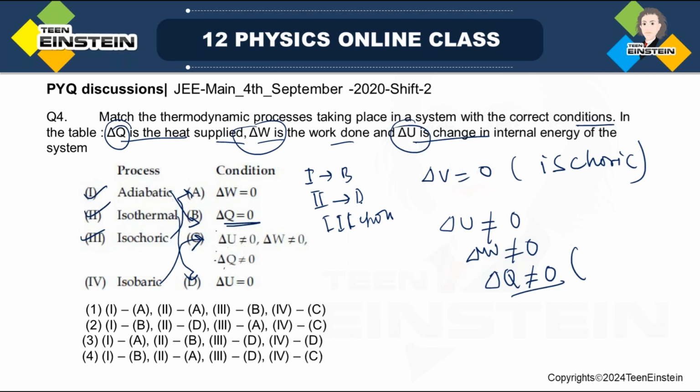So in the isochoric process, work done will be 0. Option 3 is matching with 1.